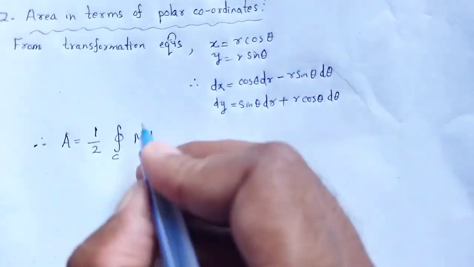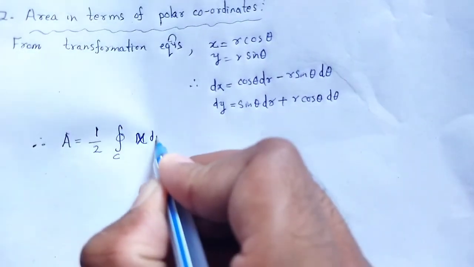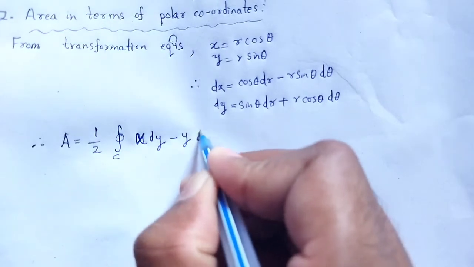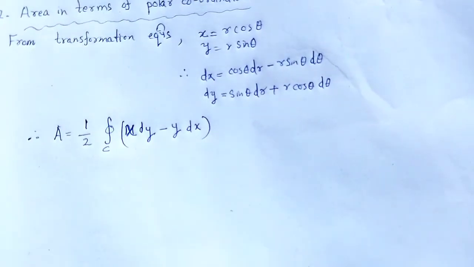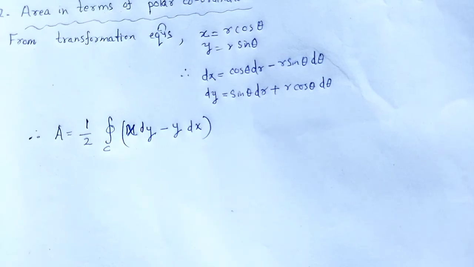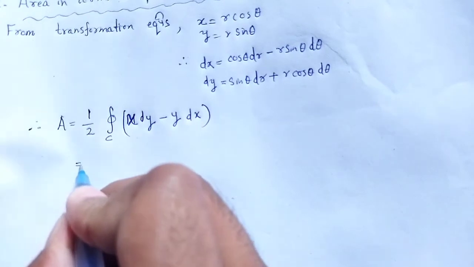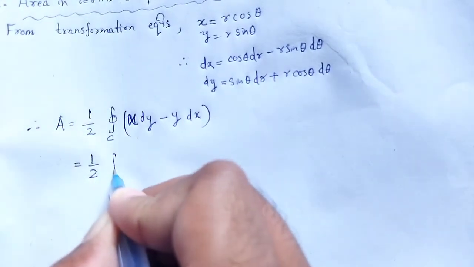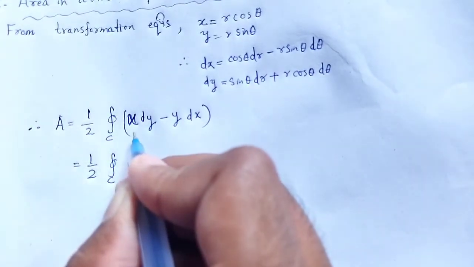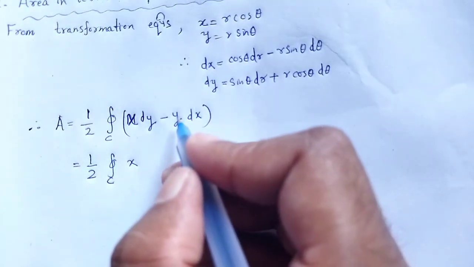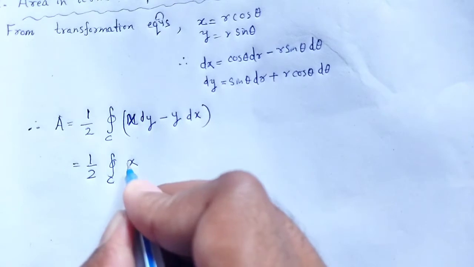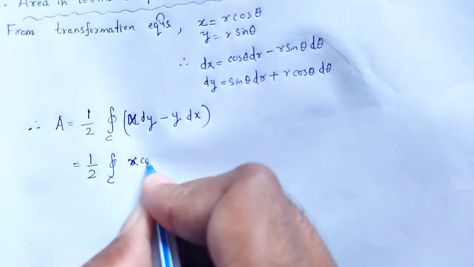Now x dy minus y dx, putting its values in polar coordinates, we find half the closed curve integration over C. In place of x I can write r cos theta.